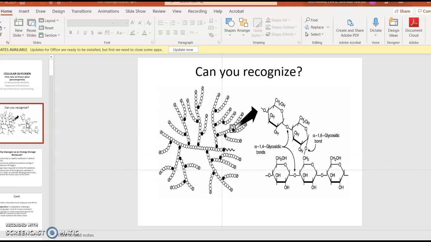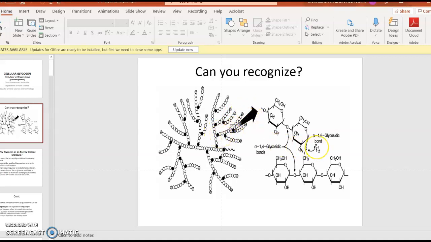So this is the molecule of glycogen. As you can see, it is an extensive network of glucose bound together through two major bonds. The first one, the linear bond, we call the alpha 1,4 glycosidic bond. They form a linear binding of the glucose.